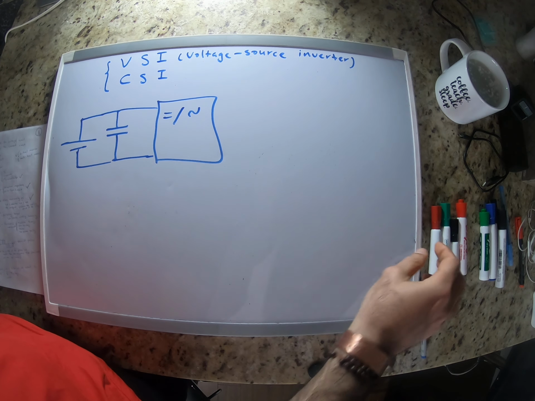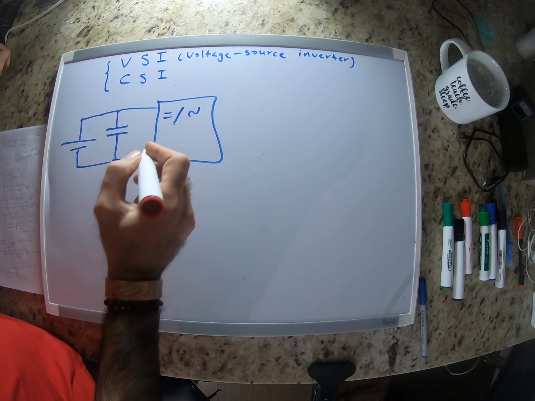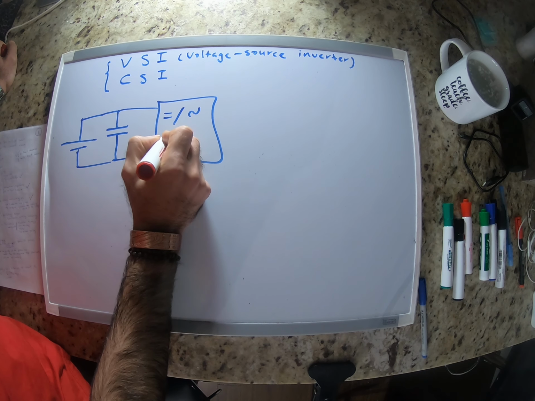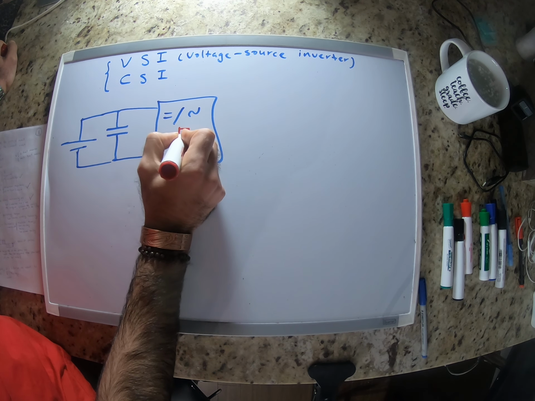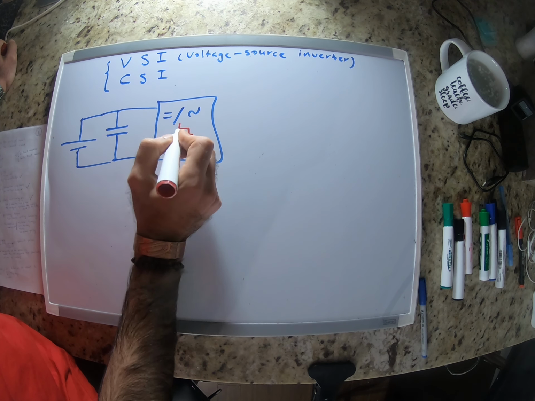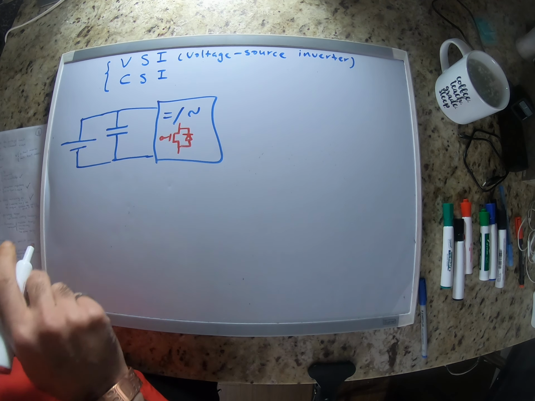And inside this inverter, we have switches. Here I'm just drawing a MOSFET with an anti-parallel or freewheeling diode.